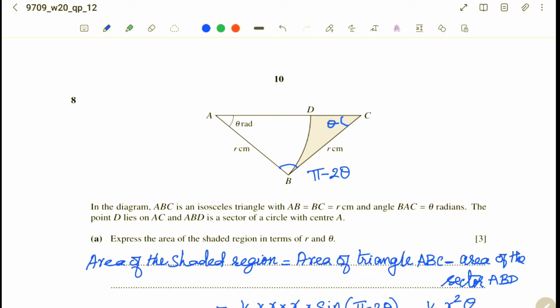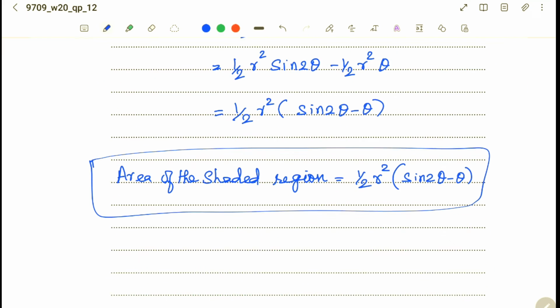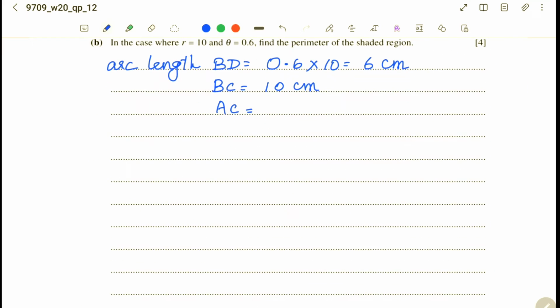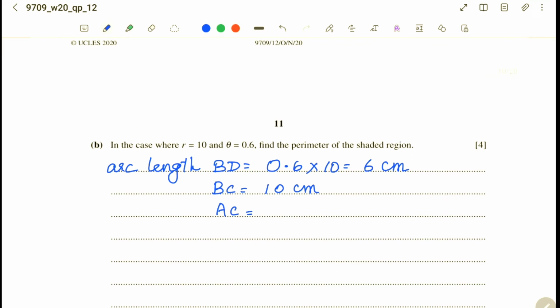Let's calculate the third side by using the cosine rule. So AC is equal to the square root of 10 squared plus 10 squared minus 2 multiplied by 10 multiplied by 10 cos of (pi minus 2 theta), where theta is 0.6.